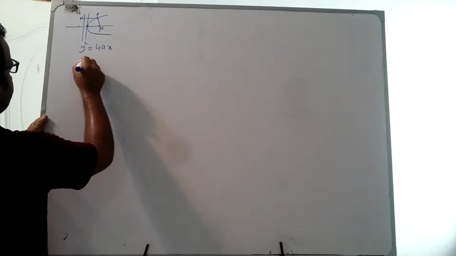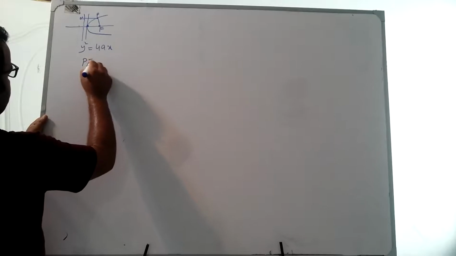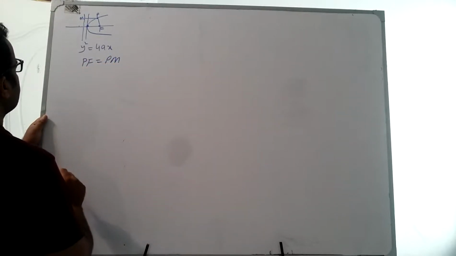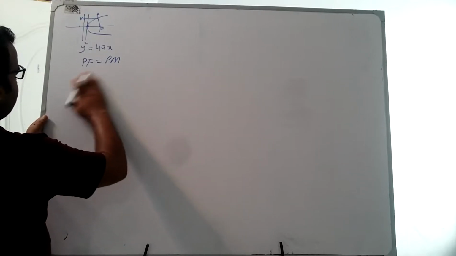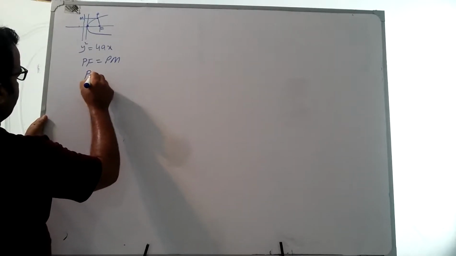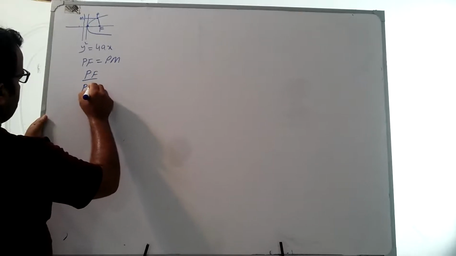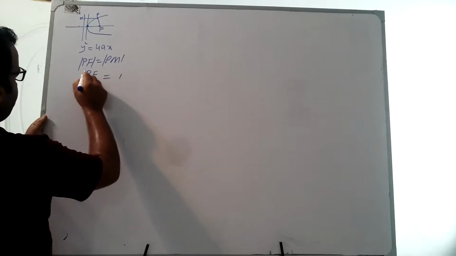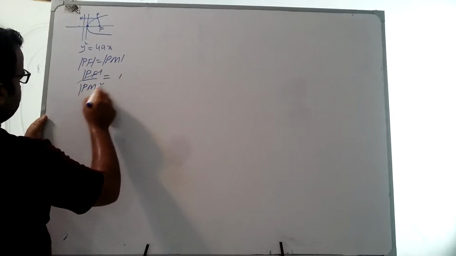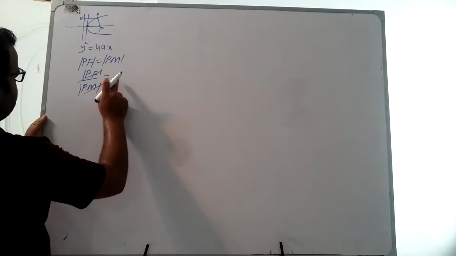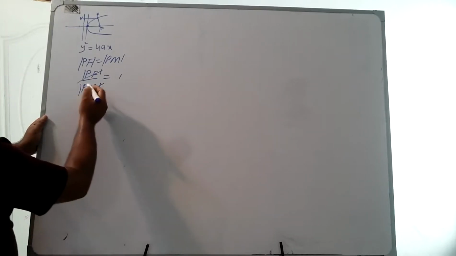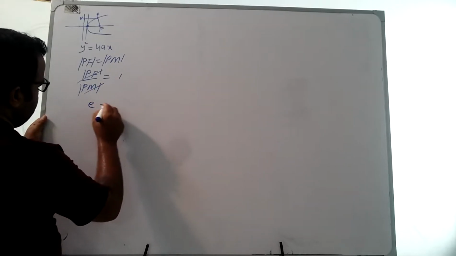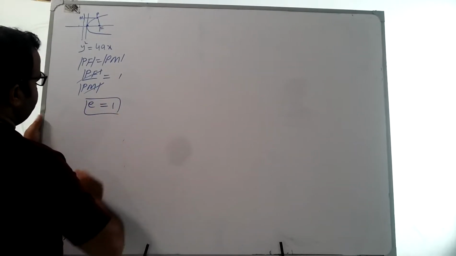So PF is equal to PM. Therefore PF over PM is equal to 1. Since these lengths are the same, our answer is 1. Means PF over PM is the eccentricity, which is equal to 1 after cancelling.